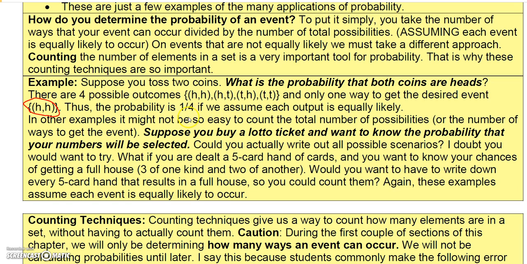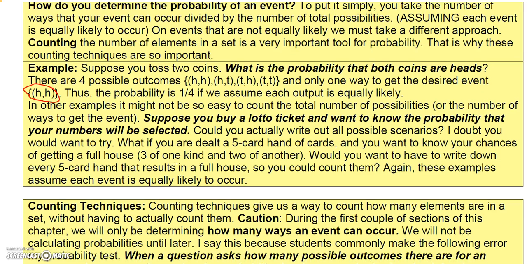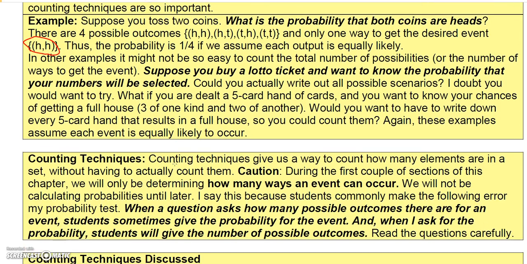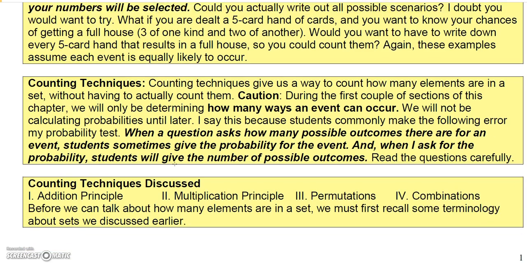Now in other examples it's not so easy, because things like how many hands are possible in a 5-card draw from a 52-card deck, or how many possible lotto combinations are there, and things of that nature, you couldn't actually take the time to write them out, and so that's why we need these counting techniques.